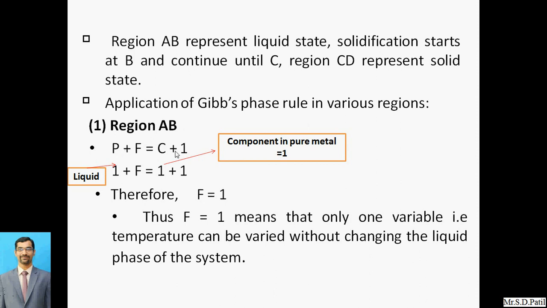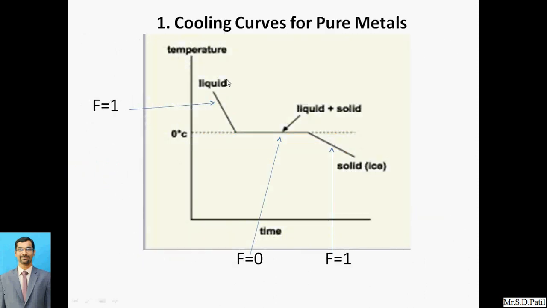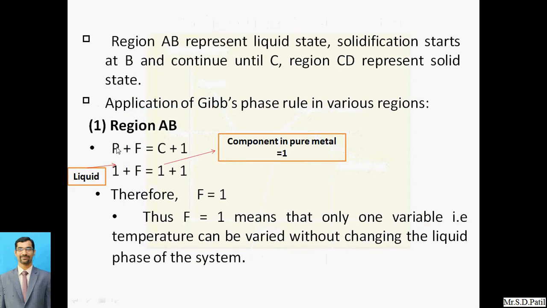Now P, the phase. In A to B, only one phase is there, that is liquid. The temperature is dropping, but the phase of the material is only a single phase, the liquid. That's why we take the value 1 for P, so 1 plus F.